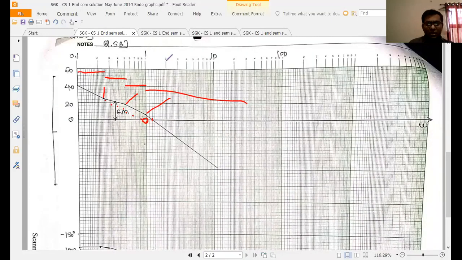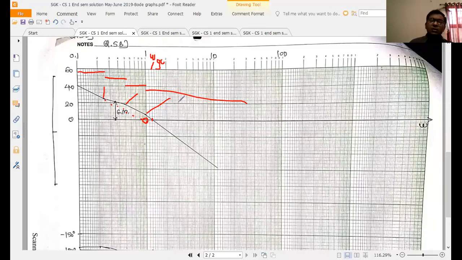See, this is 1, this is 2, this is 3, right? From 1 to 2 there are 10 divisions obviously, so 1.1, 1.2, 1.3, up to 2. So this point is omega GC, omega GC equals 1.2.